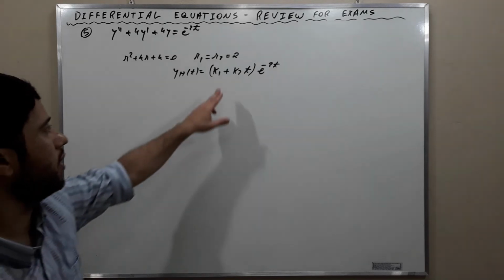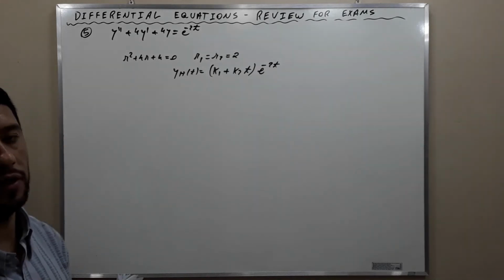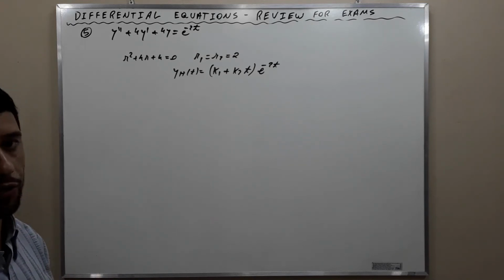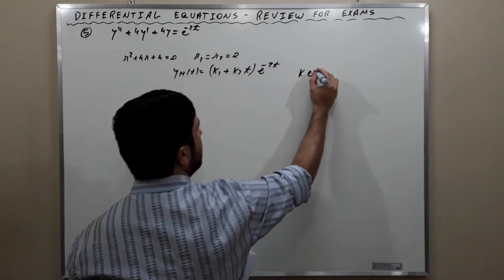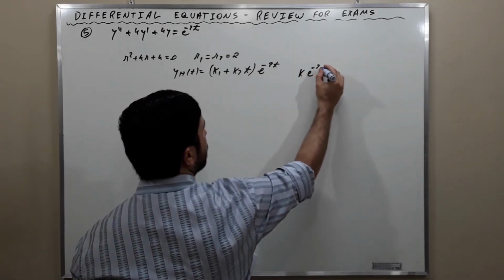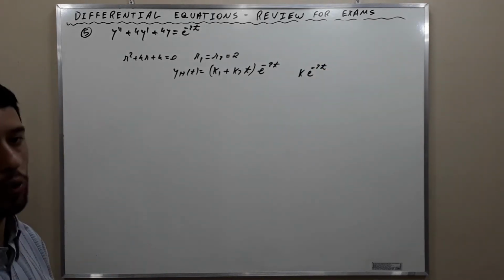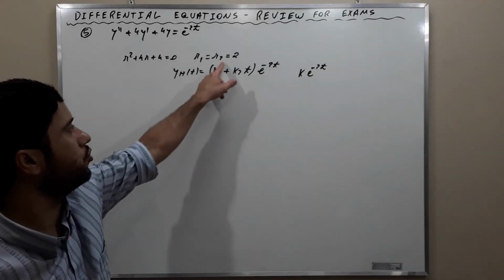And if we understand why we need to put the t here, we are going to understand easily the particular solution, okay? I'm going to repeat to you. k e raised to negative 2t. This is one term. We need to put another term because we have two roots.